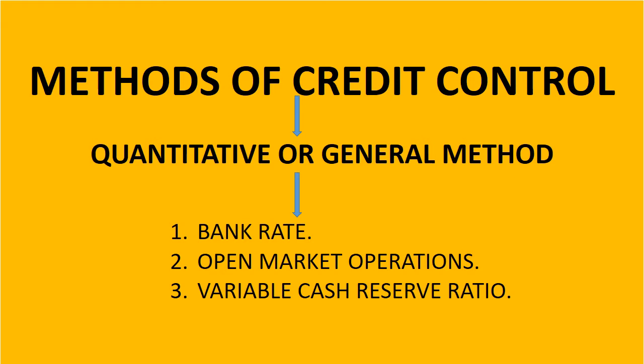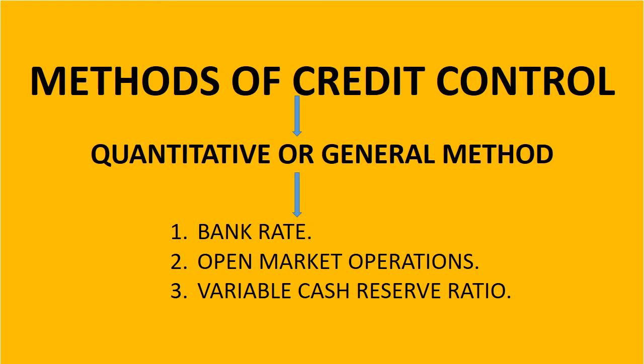Under this, very first we are going to know about bank rate policy. The bank rate is the rate at which the central bank of a country is prepared to rediscount the first class securities. It means the bank is prepared to advance loans on approved securities to its member banks.